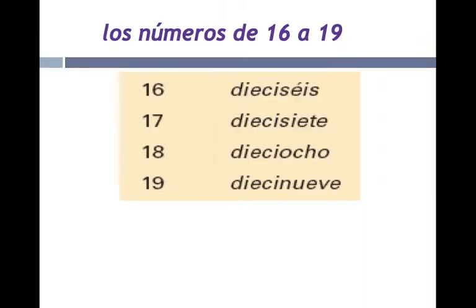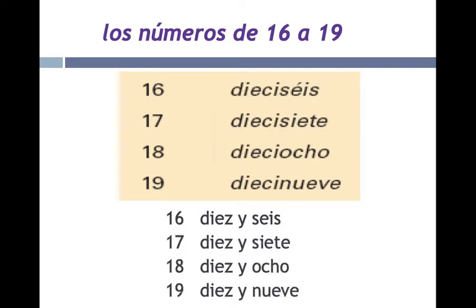Let's take a closer look at this batch. I want you to notice something. What's happening here is you're actually saying for these numbers 10 and 6, 10 and 7, 10 and 8, 10 and 9. The ways that you're noticing on the bottom are actual ways that you can spell these words, 10 and 6, 10 and 7, but it's a little cumbersome in speaking.